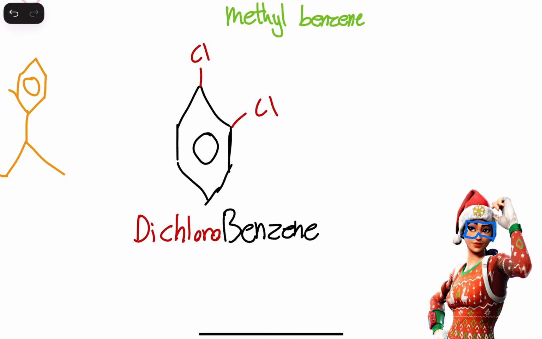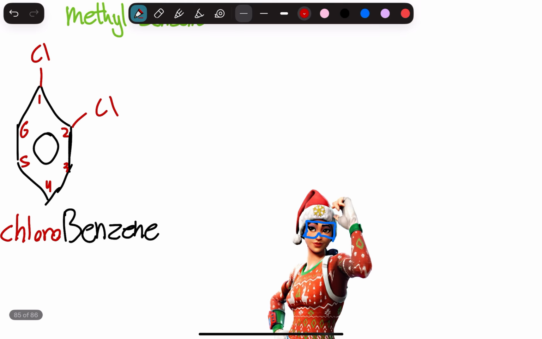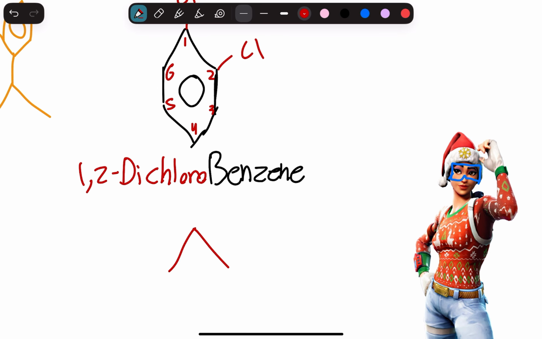No, we're not, because we need to number our substituents. The lowest position would be if we did this: 1, 2, 3, 4, 5, 6. So that would mean that our chlorine groups are at 1 and 2. So we just have to mention their positions. This one would be 1,2-dichlorobenzene.